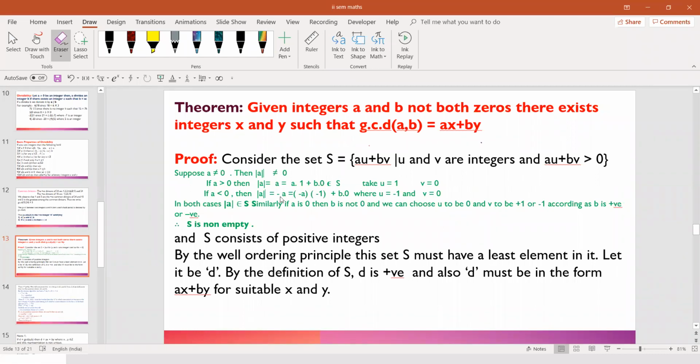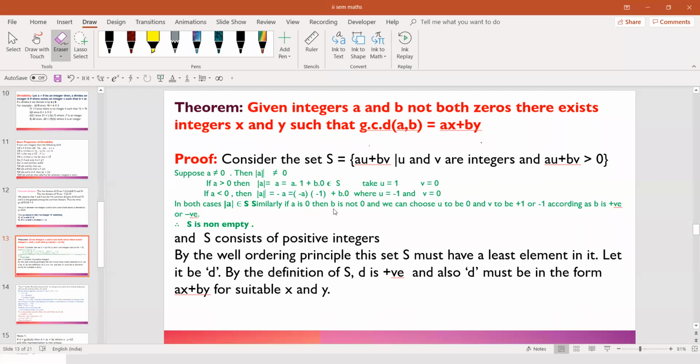It is minus of minus 5. So we can write minus A into minus 1 plus B into 0. So we can write the modulus of A in the form of Au plus Bv. Therefore, whenever A is not equal to 0, this set is non-empty because the modulus of A belongs to S.